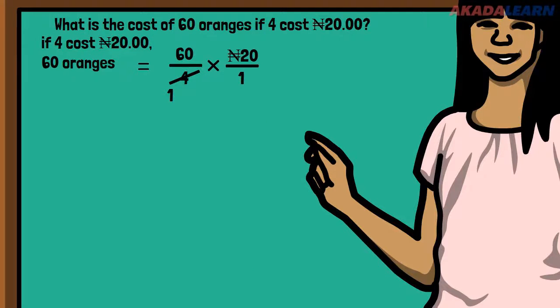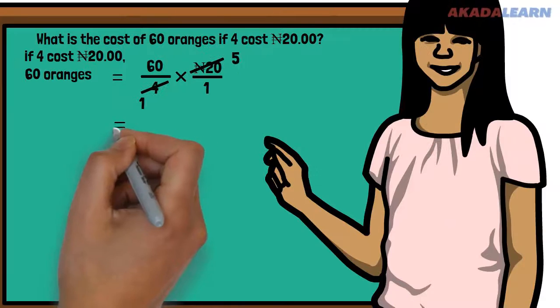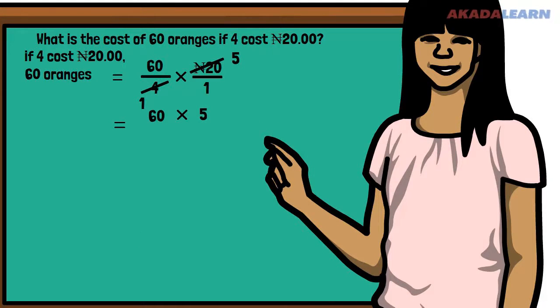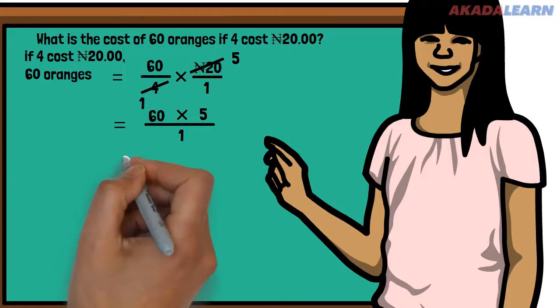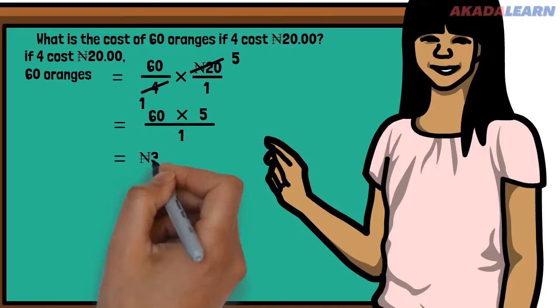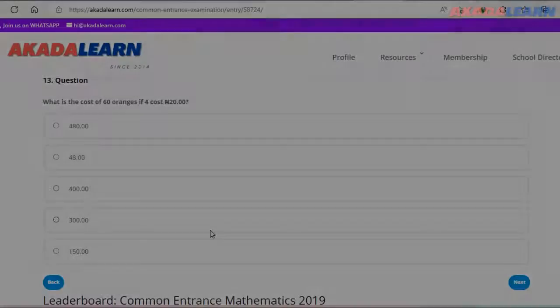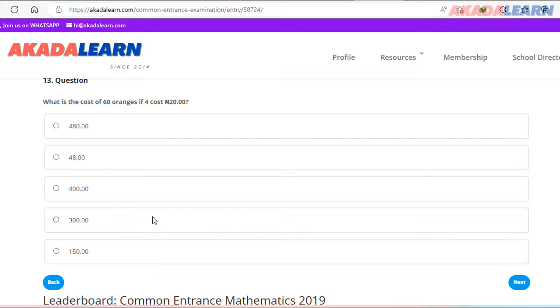So 4 divided by 4, 1. 20 divided by 4, that'll be 5. It is equal to 60 times 5 over 1. And that will give us 300 naira. It's our final answer. So the answer is 300 naira, which is option D.